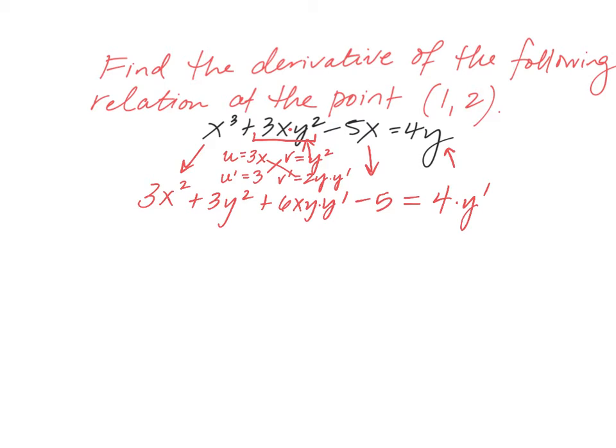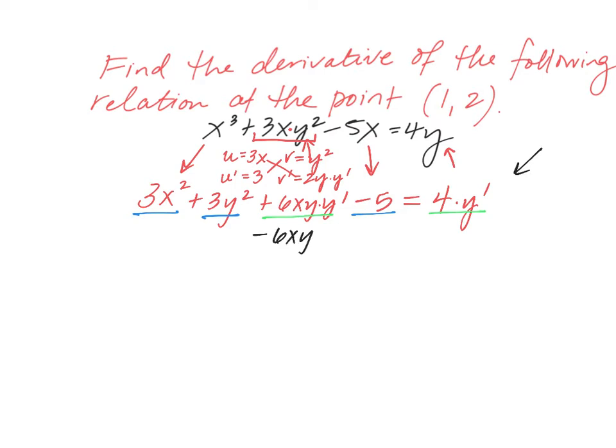Now, once we have it here, our goal is to get everything with a y prime on one side, everything without on the other. So I notice that this does not have a y prime, this does not, and this does not. Whereas this term and this term both have a y prime. So if I'm going to make the least amount of work possible for myself, I'm going to move all my y primes to the right side.